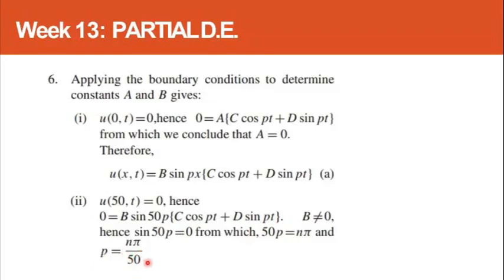So itong kung mapapansin mo, ito is based siya dun sa formula natin kanina kung mare-recall mo. Yung formula natin sa p na p is equal to n pi over the L. Yung L natin dito is yung 50 na siya. Yung given natin na 50.